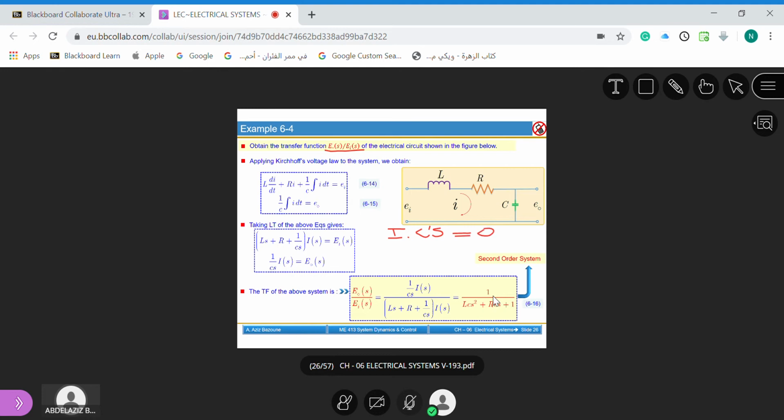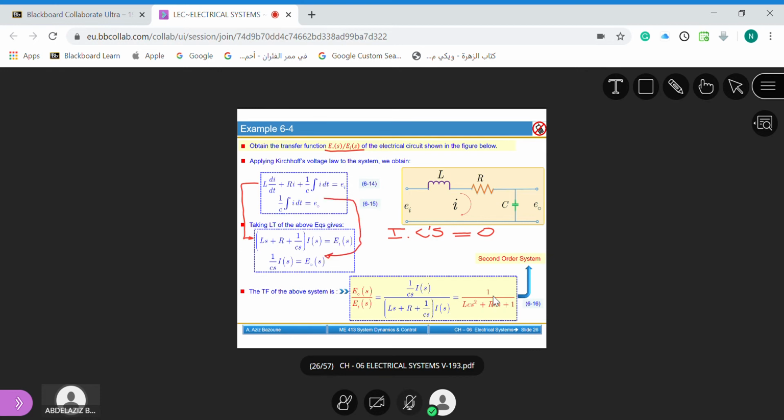So if we take the Laplace transform of the first equation, it will give you LS I of S plus R I of S plus 1 over CS I of S is equal to EI. You take I of S common. The second equation, when you take the Laplace transform, turns out to be 1 over CS I of S equals E naught of S.